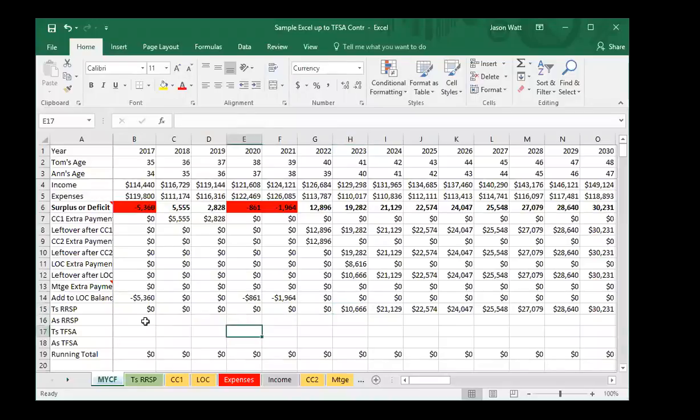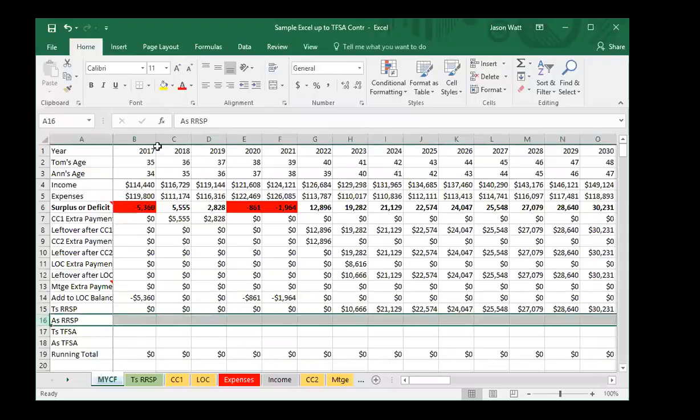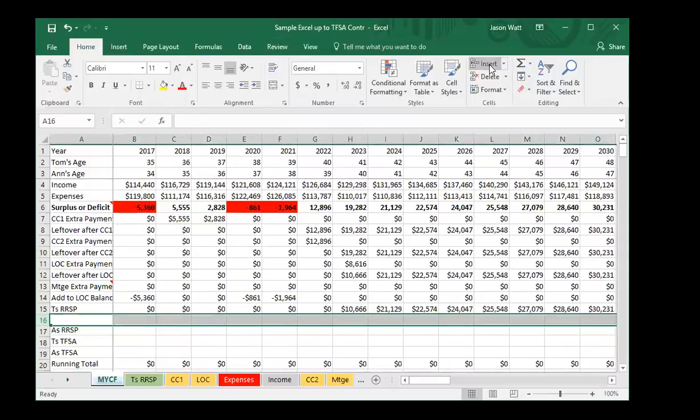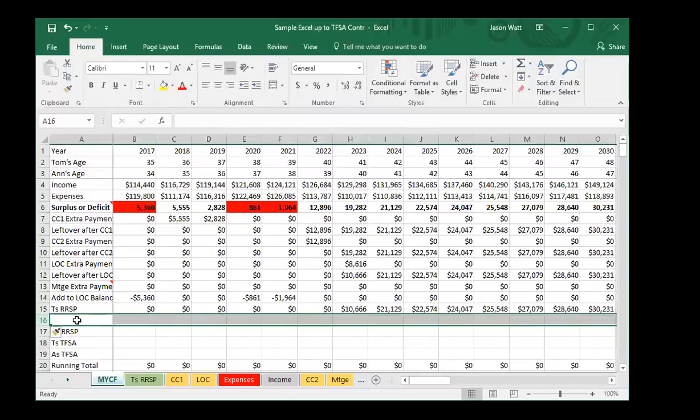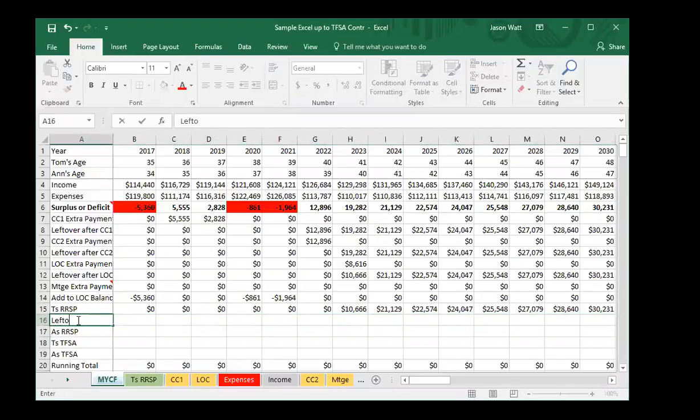So now that we've got Tom's RRSP built out, we're going to go have a look at Ann's RRSP. And we really are going to do the same kind of thing we did for the debt up above here. We're just going to build in another row that we will later on hide. And we say, okay, what's left over after Tom's RSP?